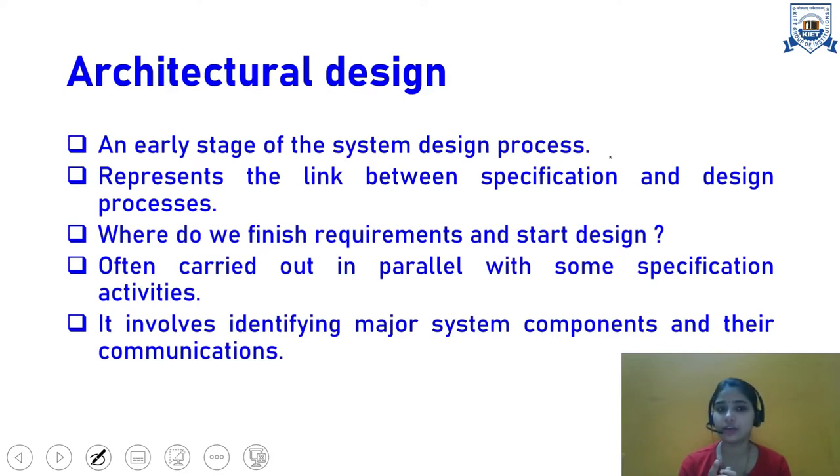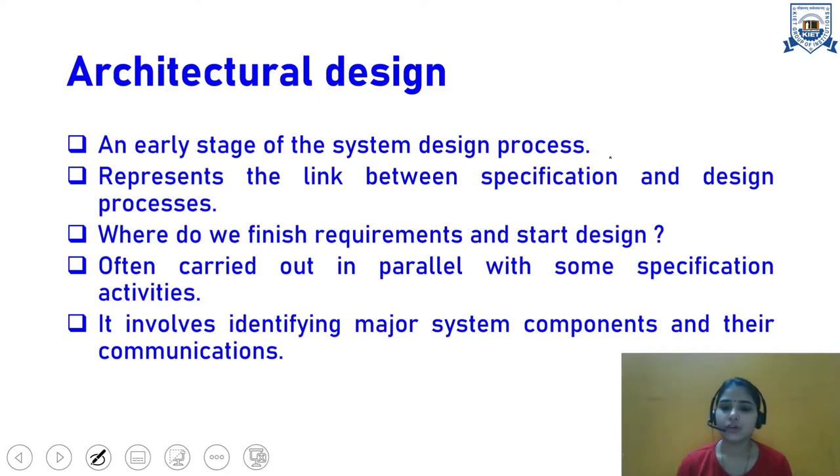The designing actually starts from the architectural design. What is the overall structure of the system, and it involves finding out the major components and their communications. That is known as architecture, for the overall designing of the software.